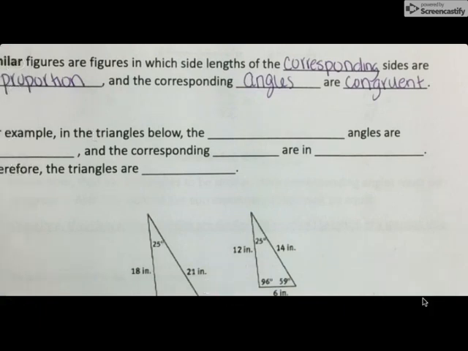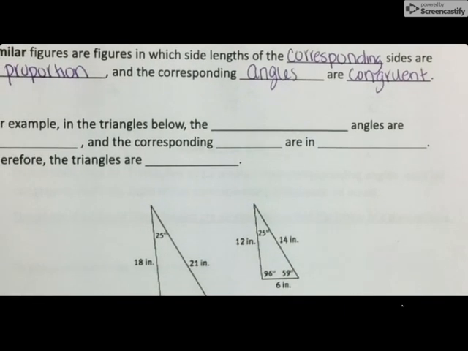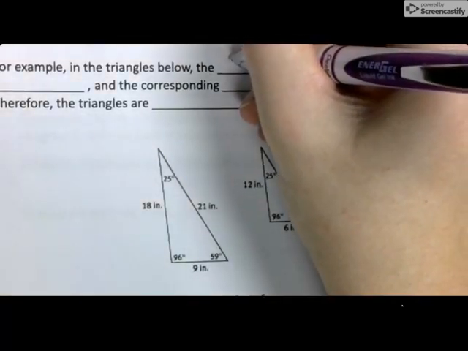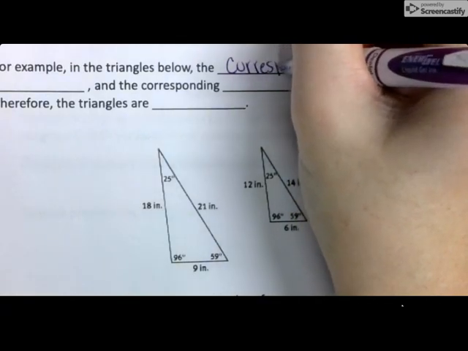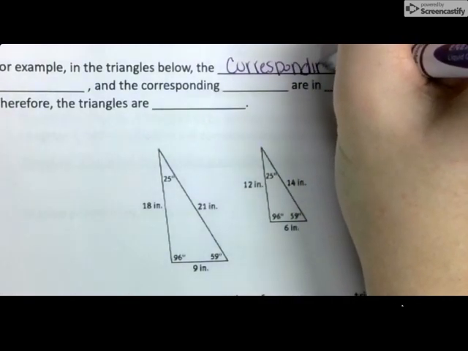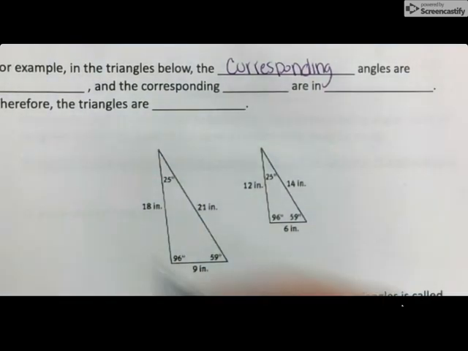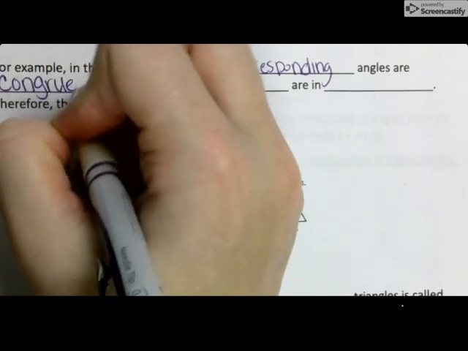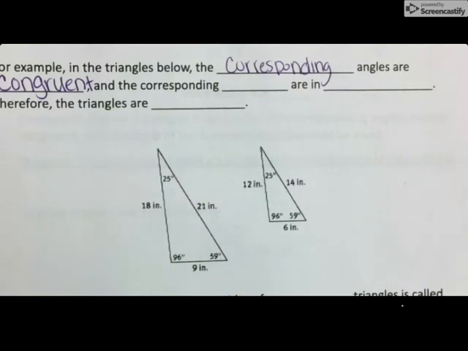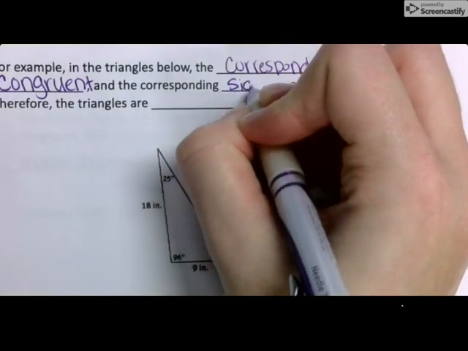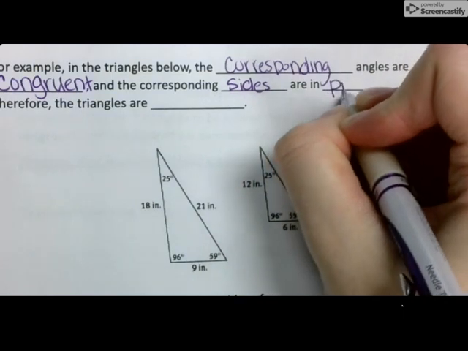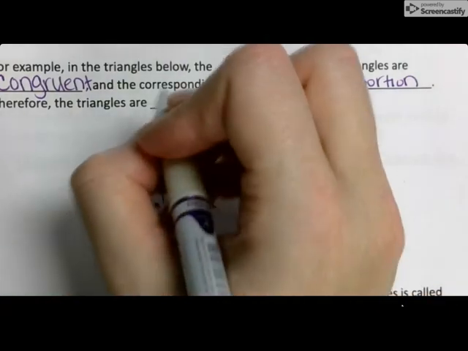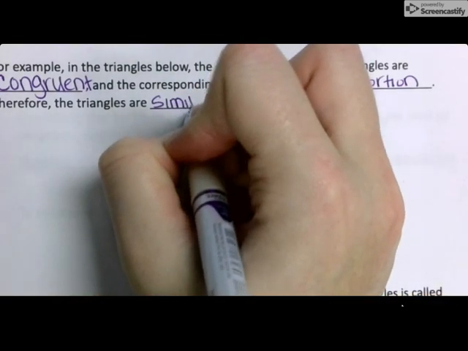For example, in the triangles below, the corresponding angles are congruent, and the corresponding sides are in proportion. Therefore, the triangles are similar.